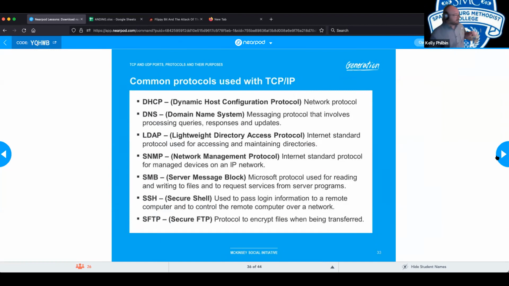Then you have LDAP, which is Lightweight Directory Access Protocol. This is like a phone book for a company. It's so you can find where things and people are located. It's very shorthand, hence lightweight, and just tells you where everything is supposed to be. So Lightweight Directory Access Protocol, or LDAP.